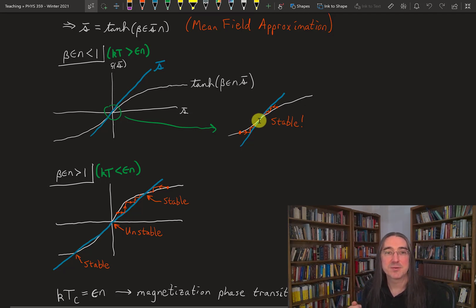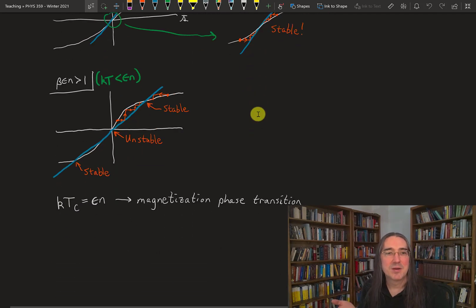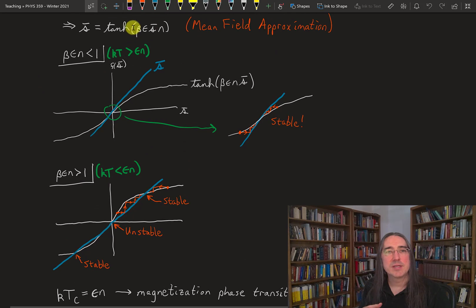Now, if that was the whole story, we wouldn't really have to talk about that. It's the only equilibrium. But when we go to beta epsilon n greater than 1, or kT less than epsilon n, so this is some low temperature regime, beta epsilon n greater than 1 means that the slope of this tanh at 0 is greater than 1.